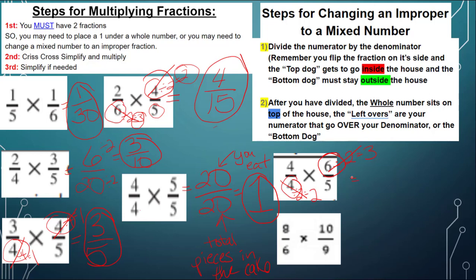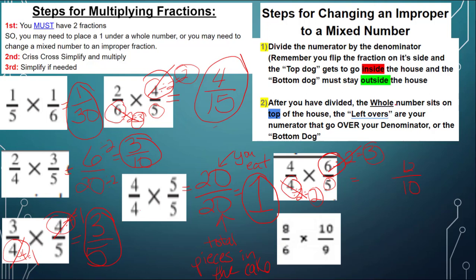Now I can go ahead and multiply. 4 times 3 is 12. 2 times 5 is 10. Okay, so on this one we have an improper fraction because the 12 is bigger than the 10, which means I'm getting to eat more than what is in my whole cake.